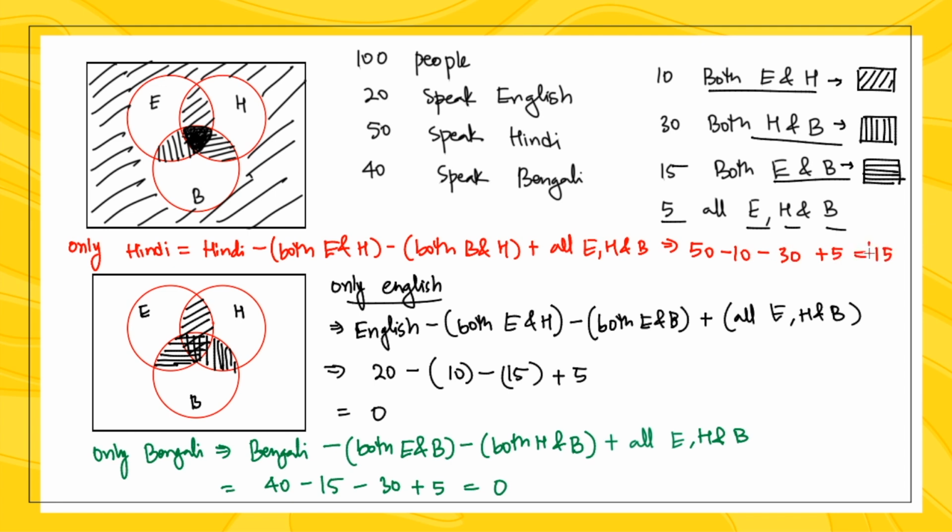So there are 15 such people who can speak only Hindi. This is how you find out certain information from a Venn diagram. There are many things you can find out from the Venn diagram, but I have just told you some limited things so that you can practice and understand it. Now let's take some questions from the CSIR NET exam and see how to solve them.